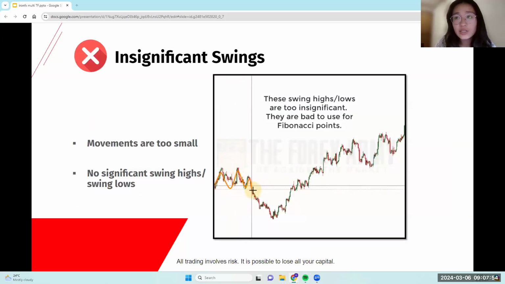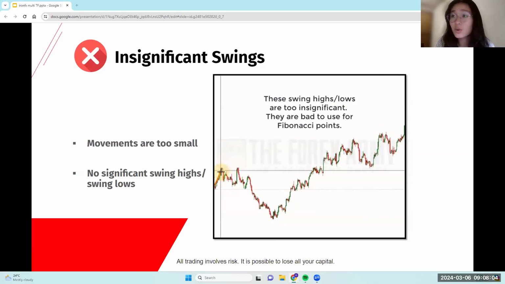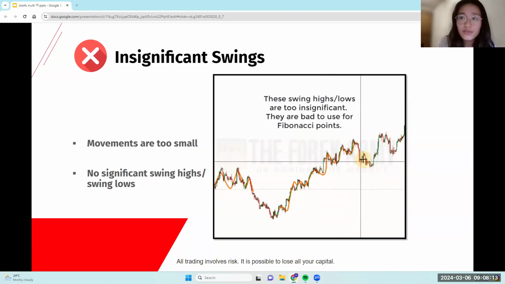So let's first take a look at an incorrect example. Here's an example of insignificant swings, which are bad points to use for any kind of levels, be it your support and resistance levels or starting points for your Fibonacci. Price movements over here are way too small and there are no significant swing highs or swing lows.